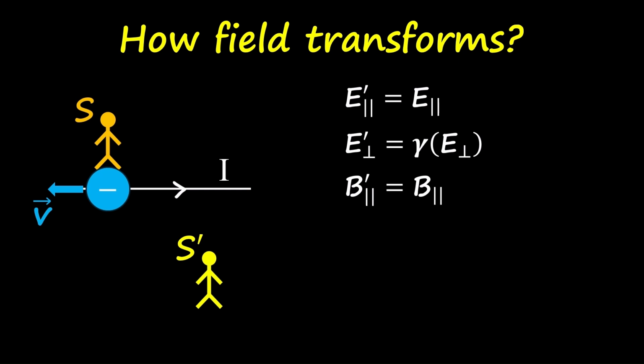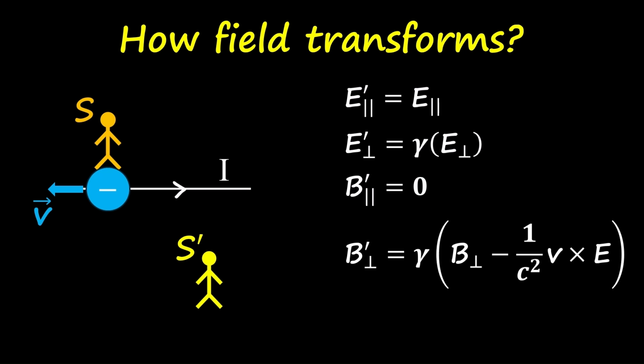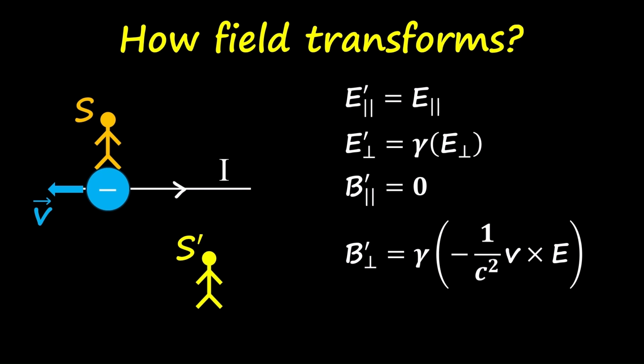Here, since according to S frame of reference the magnetic field is zero, the parallel component will be zero. Now let us take the fourth formula. In this formula, the B perpendicular component according to S frame of reference will be 0. So these are the four formulas.